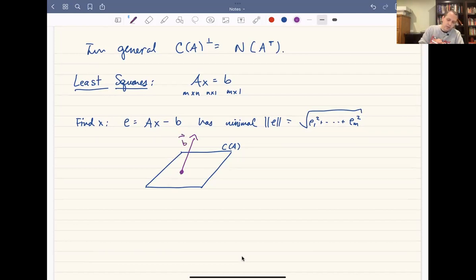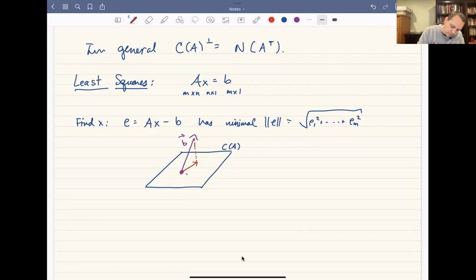And so we are not going to be able to solve this problem exactly. But what we want to do is find the vector that's in the column space of A that's closest to B. And so what you can do is just take the orthogonal projection.